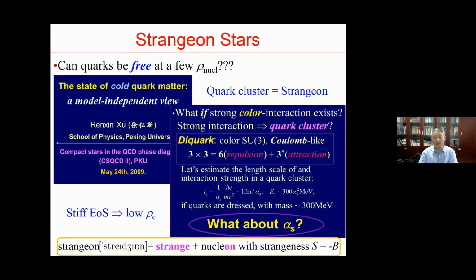So that means a free quark matter state cannot be stable, so that quarks could be grouped together to form quark clusters. We call this kind of quark cluster a Strangeon.